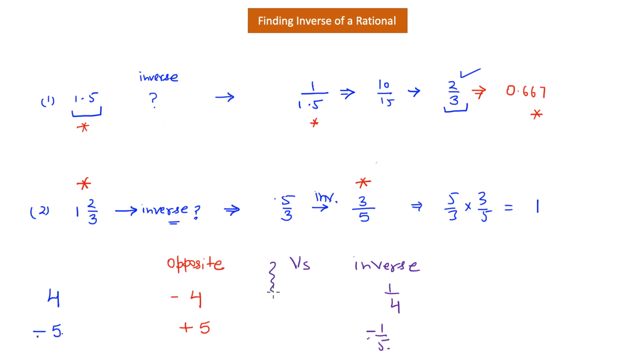So this is how you distinguish between opposite and inverse. In the opposite, you change the sign of a number. In finding the inverse, you keep the sign as it is, but you simply invert the number such that the multiplication with the original number becomes equal to 1.